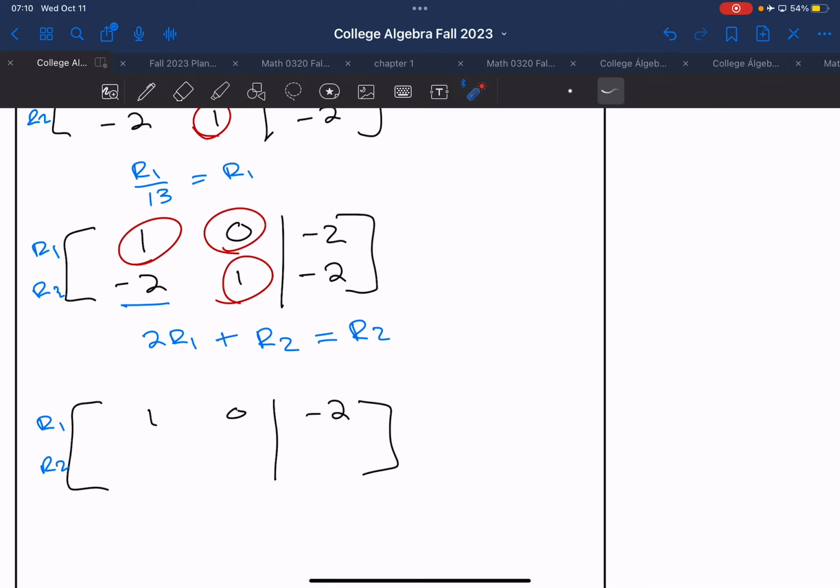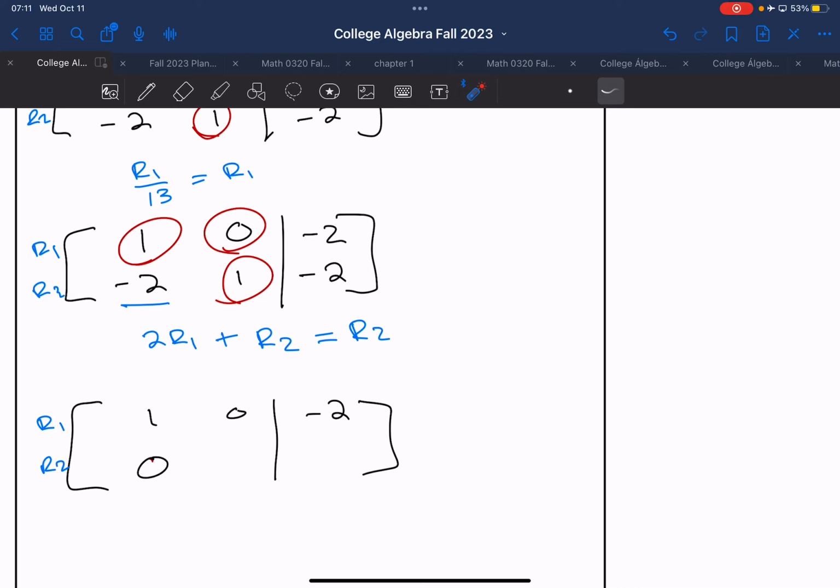Okay. Now I use my formula I just created. So 2 times row 1, which is 1. So 2 times 1 is 2. Add it to row 2. We get 2 plus negative 2 is 0. Remember, 'cause that's what we were trying to find, 0.